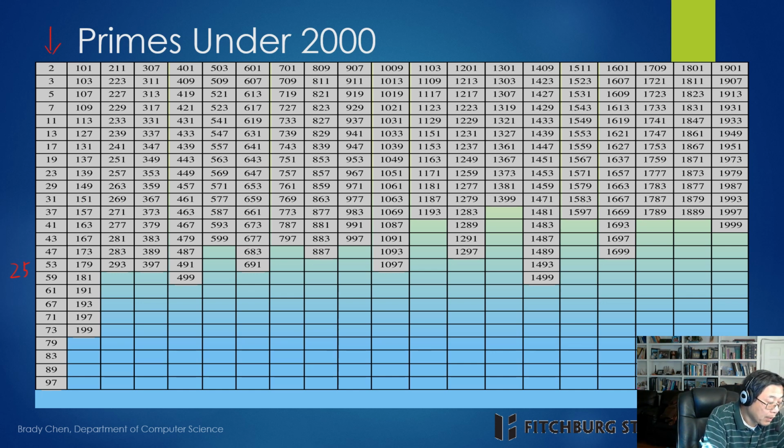The number of prime numbers between 100 and 200 is 21. Between 200 and 300, it's even 5 less, so that's 16 numbers. So the prime numbers are not evenly distributed, and that's the reason why it's so difficult to study them.